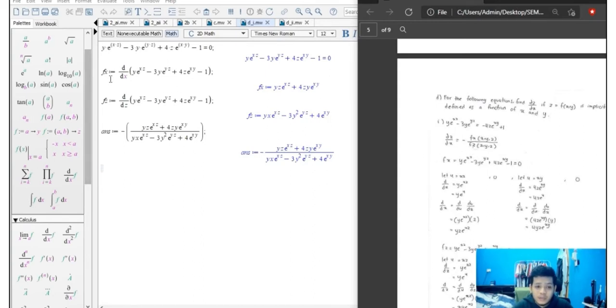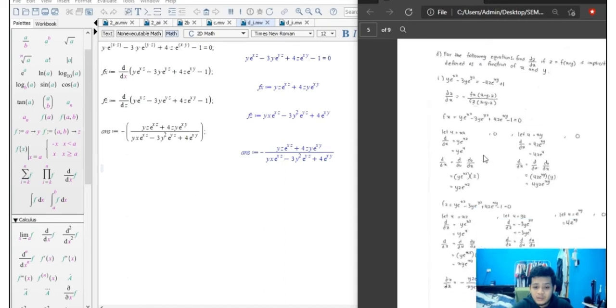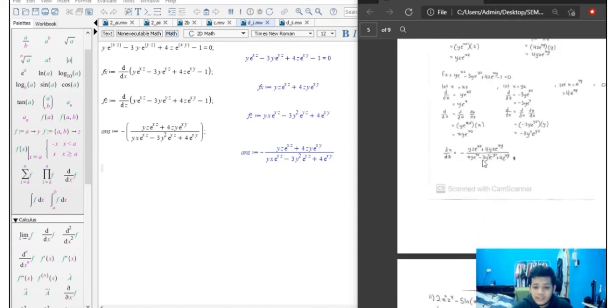So we input fx equal to d per dx, fz equal to d per dz, and get this answer. We put it into this formula and get the correct answer. My manual calculation for fx is the same, fz is the same, and dz per dx is also the same as this Maple.